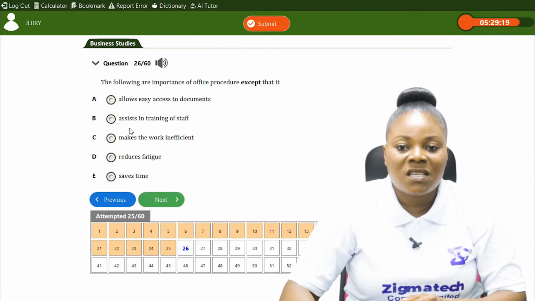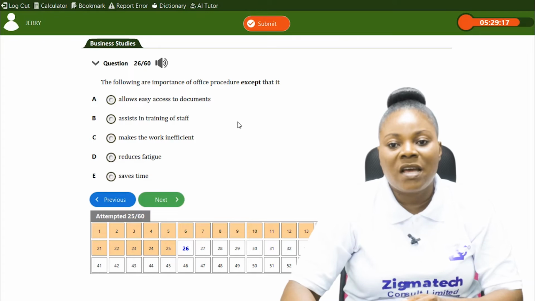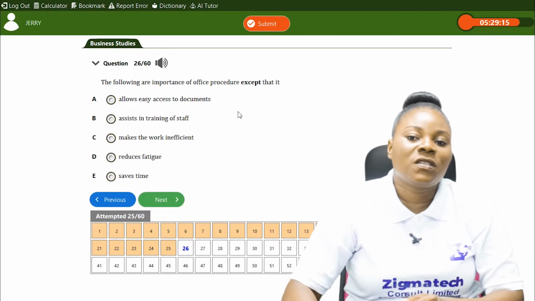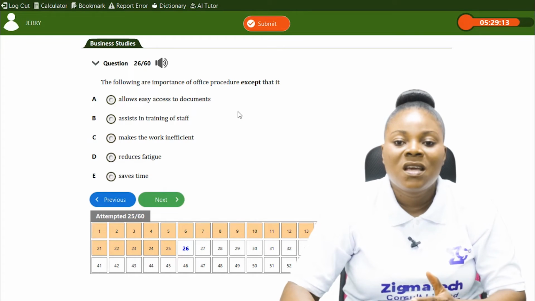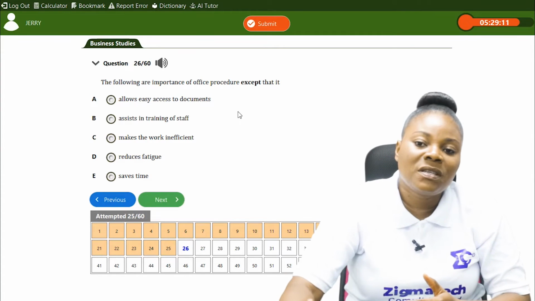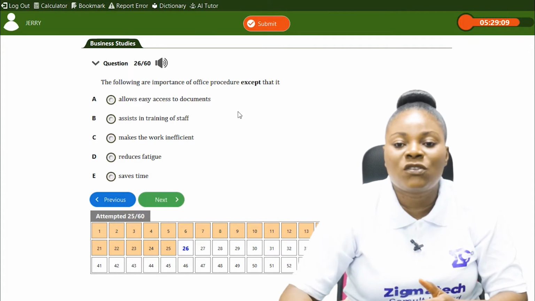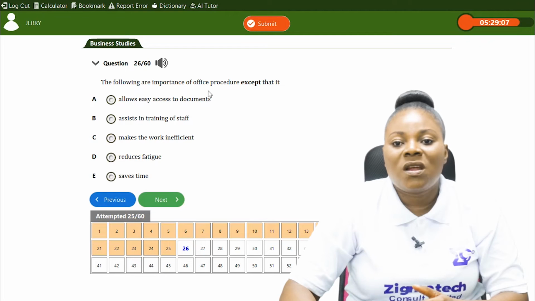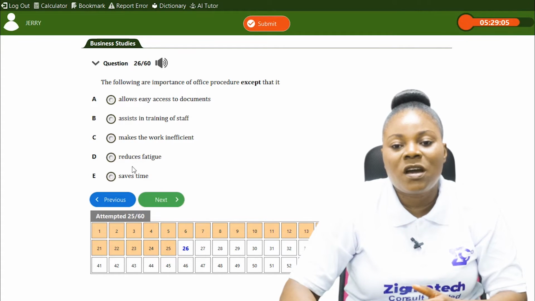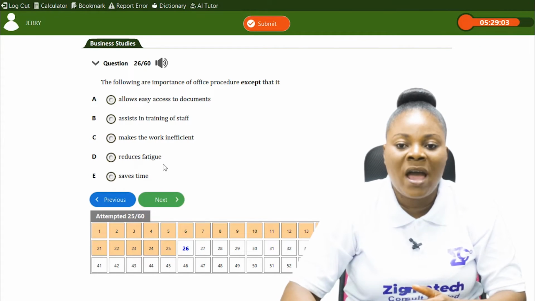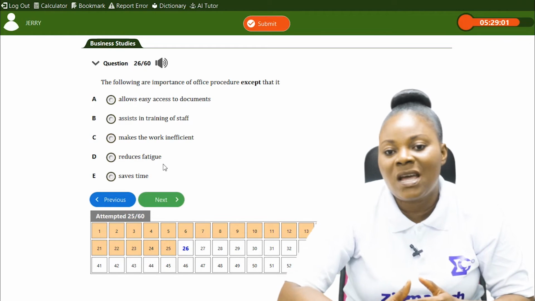Option B, it assists in the training of staff. Yes, one of the importance of office procedure is to serve as a laid down principle guiding the way staff should be trained. It also reduces fatigue. Why? You already know what to do per time.